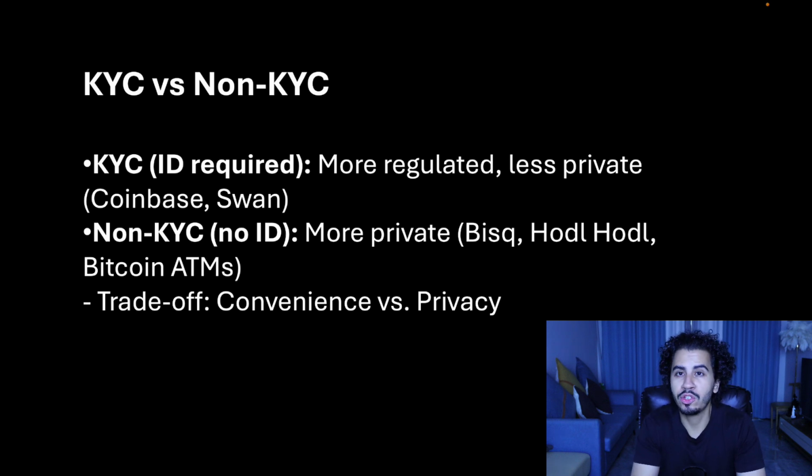That means the exchange needs to know who you are. So when you buy Bitcoin, let's just say you can be tracked. Your Bitcoin can be tracked to your identity. These exchanges are more regulated and not private, so they can know who you are.